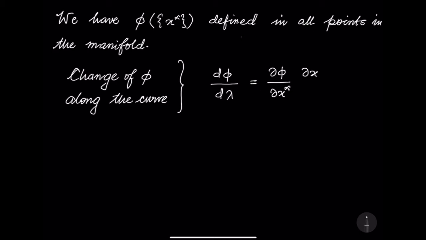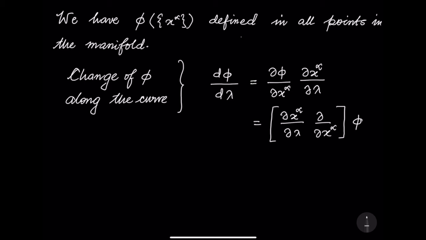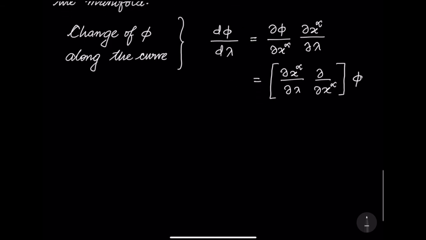So that is defining the curve. So this is essentially this. Or sometimes, if you wish, you can write this as del x alpha del lambda del x alpha, this entire thing operating on phi, and this we call a directional derivative.